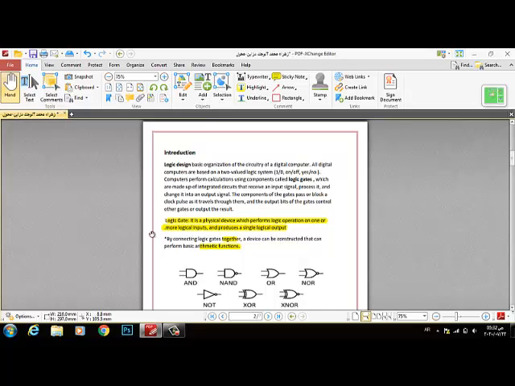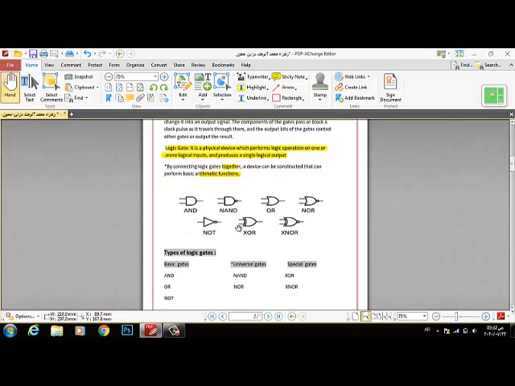The most common question when we study logic gates is what is their function and how do they work. By connecting logic gates together, a device can be constructed that can perform basic arithmetic functions.